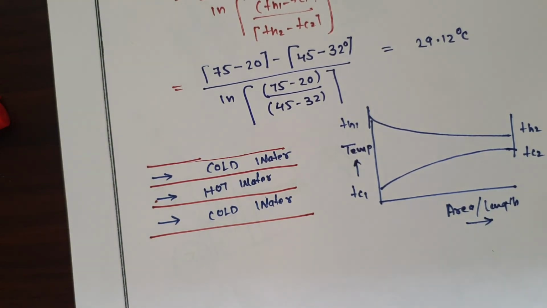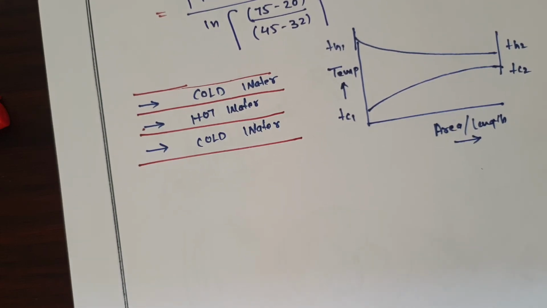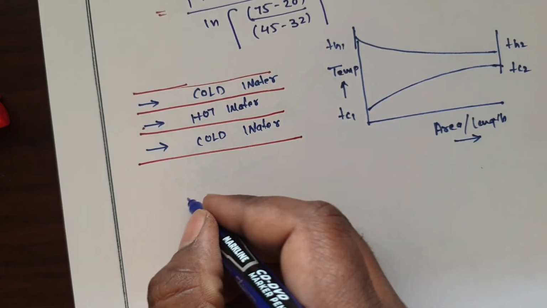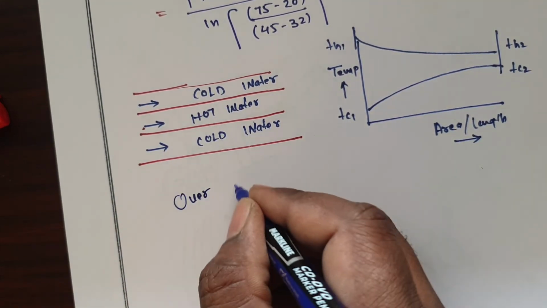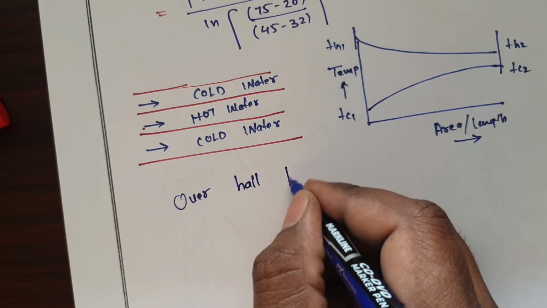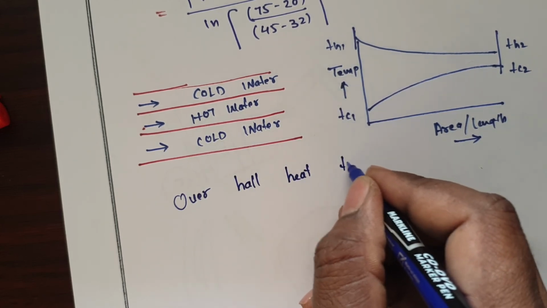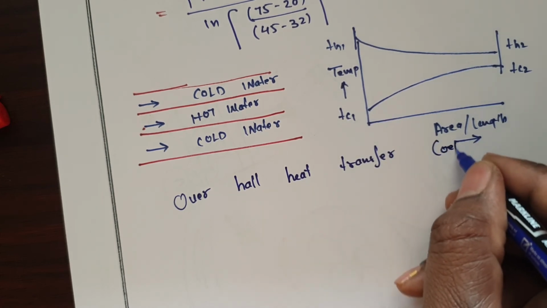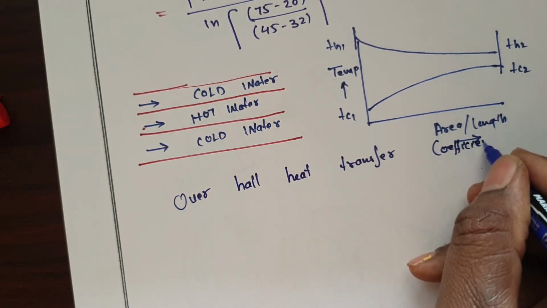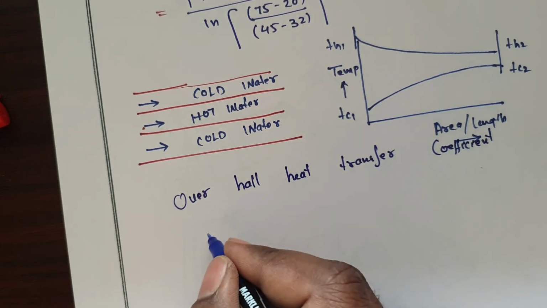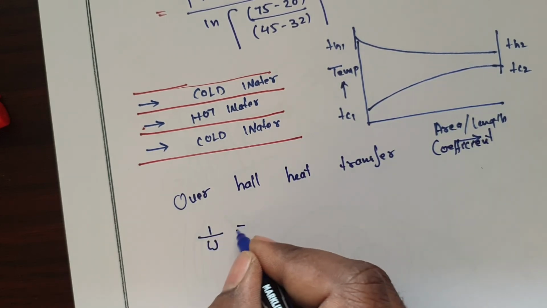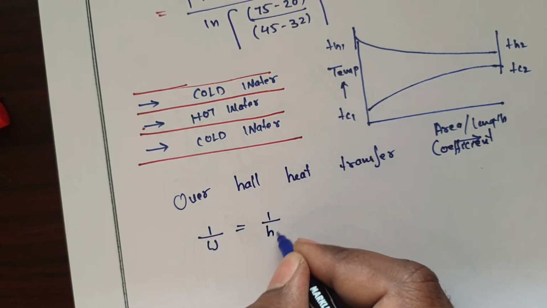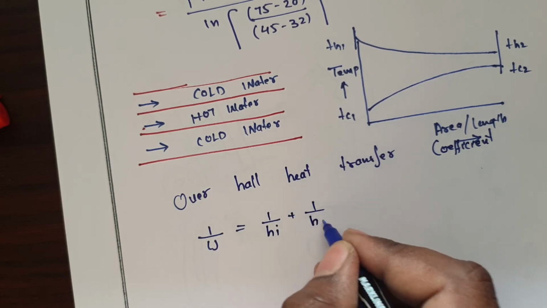After that, for the overall heat transfer coefficient, which formula do you have to use? The overall heat transfer coefficient formula is 1 by U is equal to 1 by Hi plus 1 by Ho.